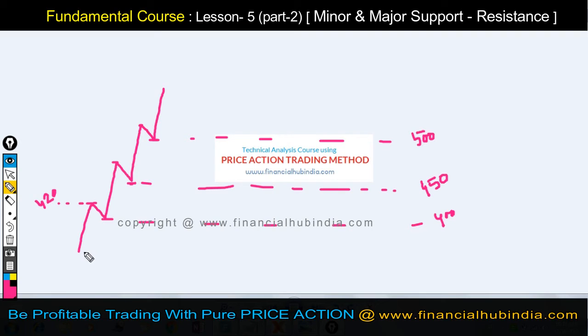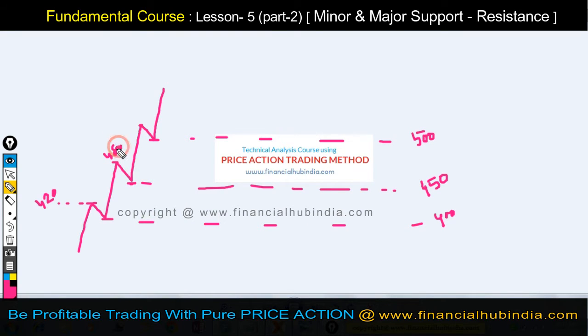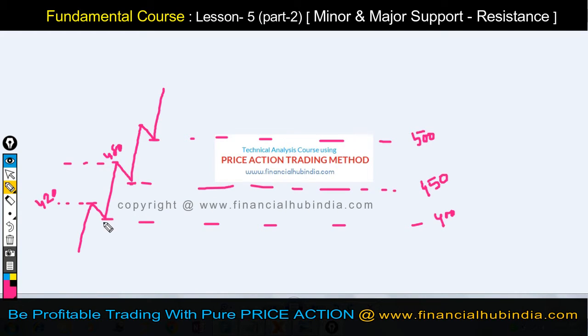From here price goes up to 420, then falls back to 400, and then again shoots up to, let's say, the 480 level of resistance, and from there it falls back to 450. What I mean is that these different supports and resistances are nothing but different price levels, right?